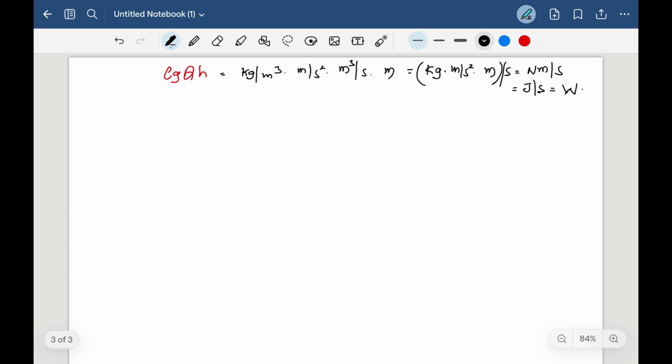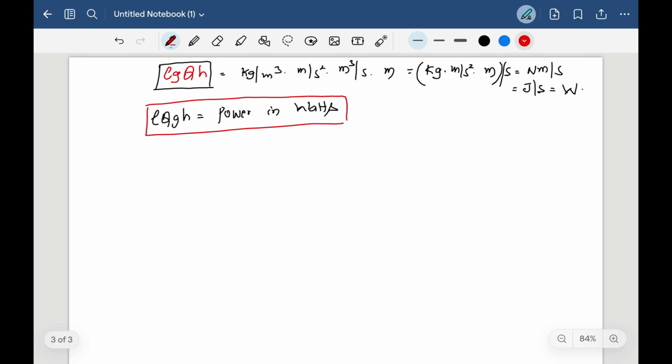That means by applying the formula in SI units, from rho Q g h we can find out power in watts. Please remember this. And once watts are known, 746 watts is equal to 1 HP.